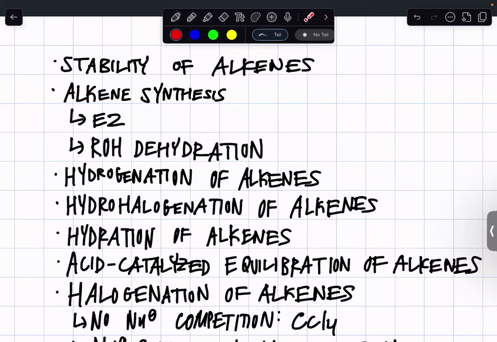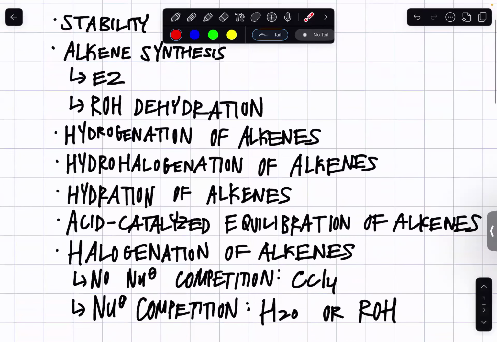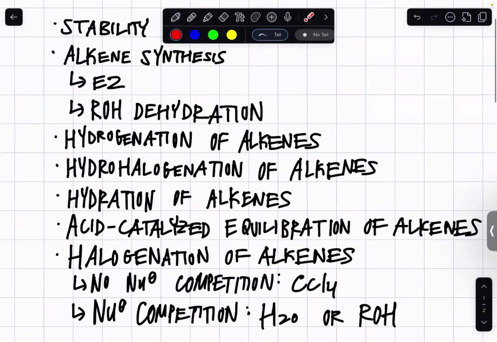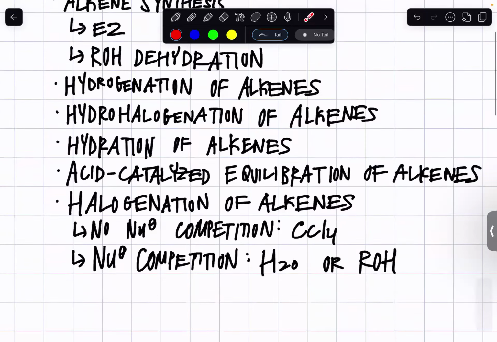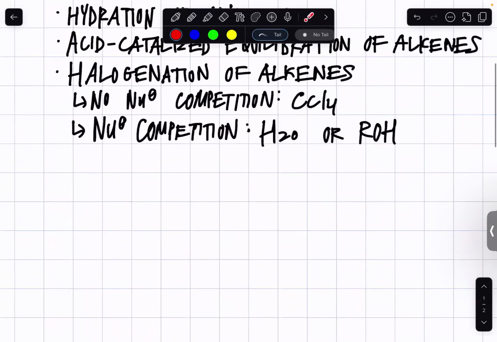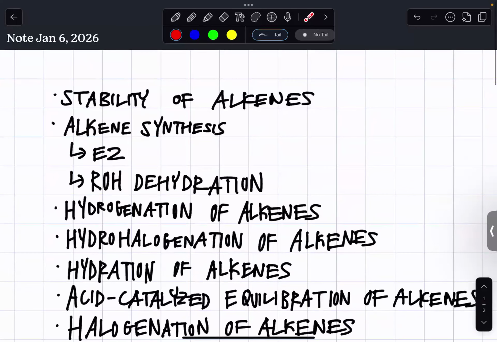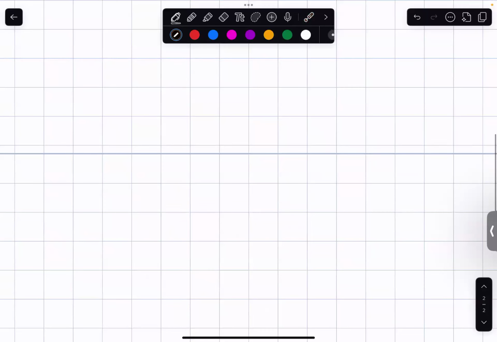First part of 118B, it'll be about alkenes, and after alkenes, we learn about alkynes, carbon triple bond carbons. You ready to get started with the stability of alkenes, reviewing something from 118A? Yeah. Okay, let's do that.